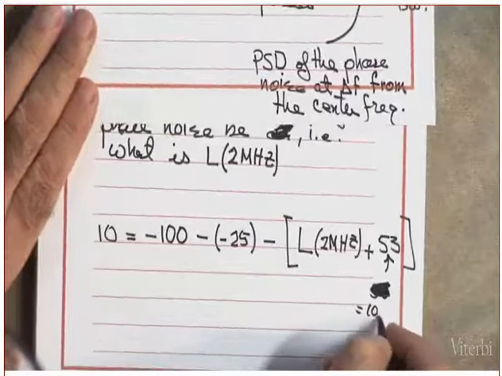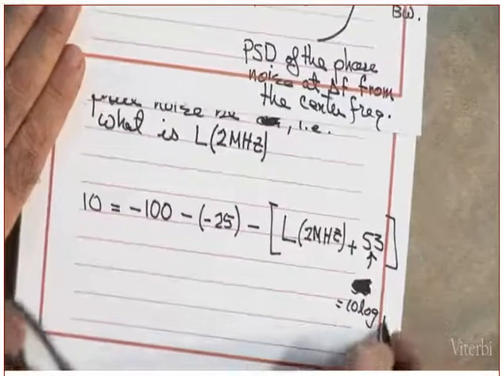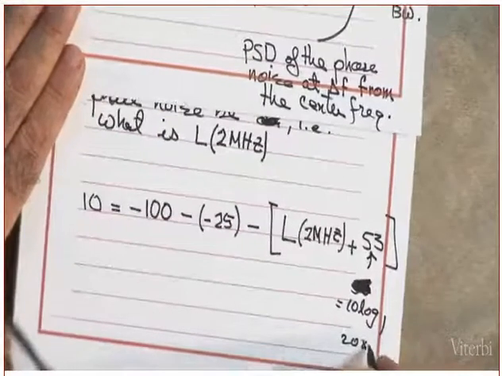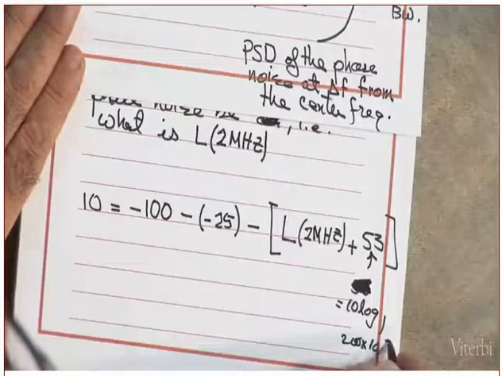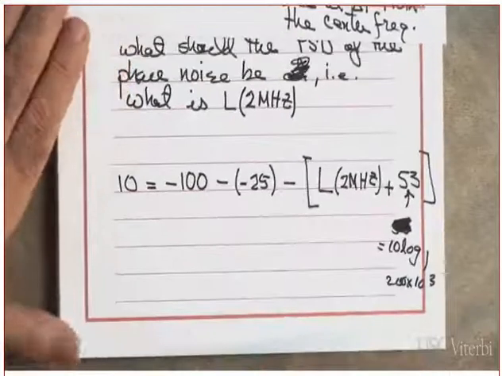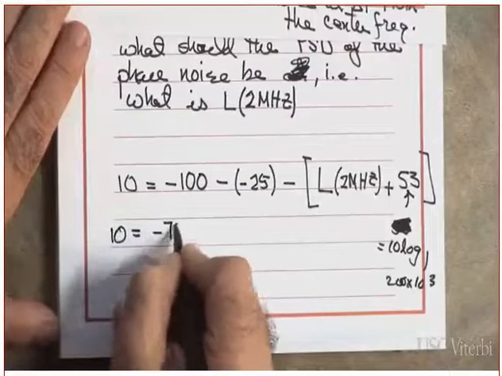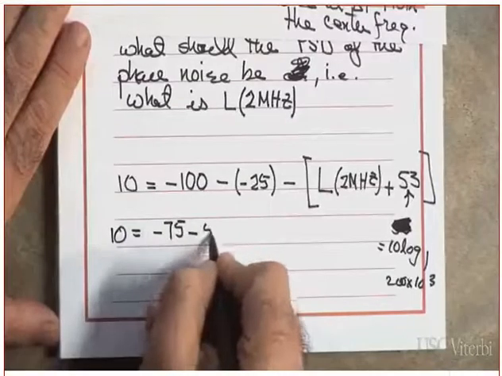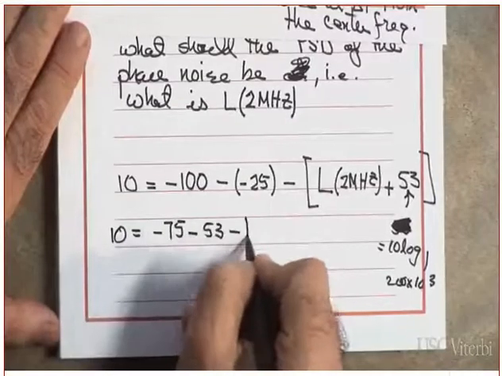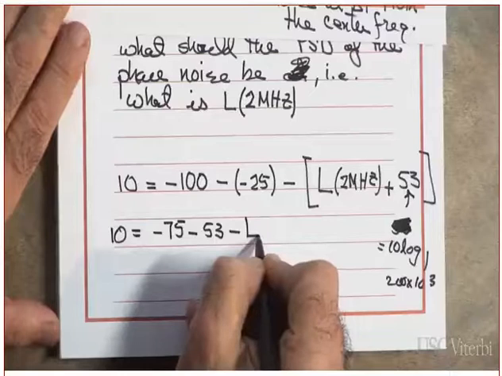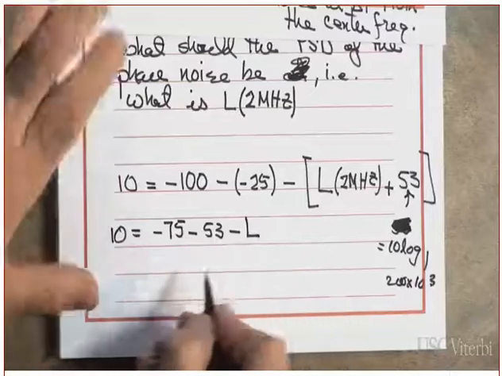So this one is equal to 10 log of 200 times 10 to the 3. Clear? So what do I get? I get 10 equal to minus 75 minus 53 minus L. Clear?